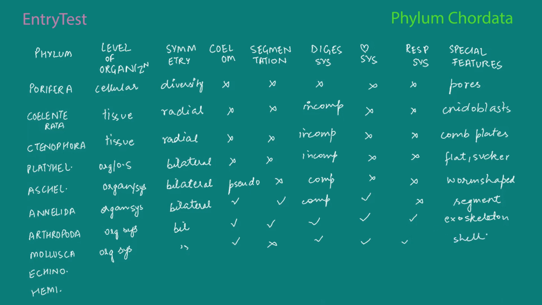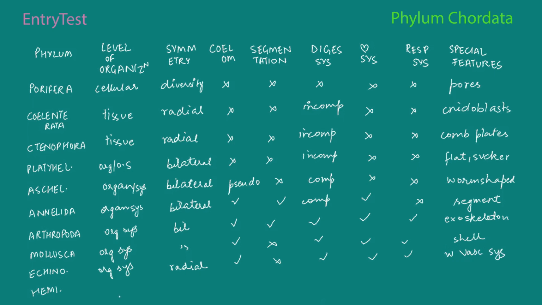The special features of Echinodermata are that they have an organ system level with radial symmetry, and they are coelomate. There is no segmentation in them, and everything else is present. The special features are that they have radial symmetry and a water vascular system.